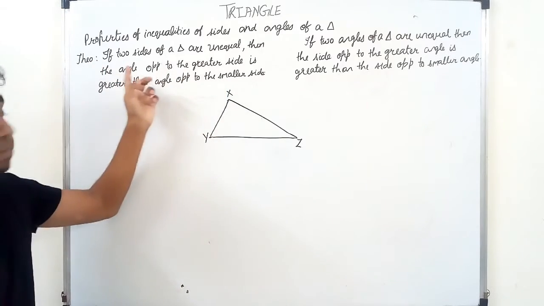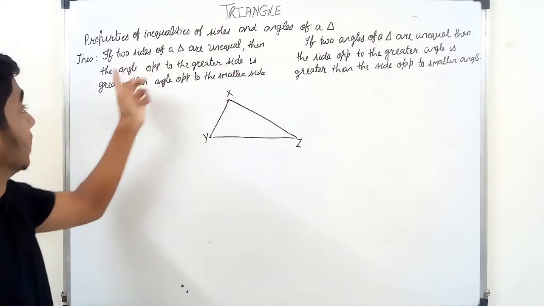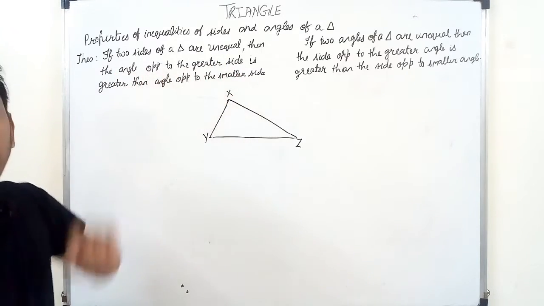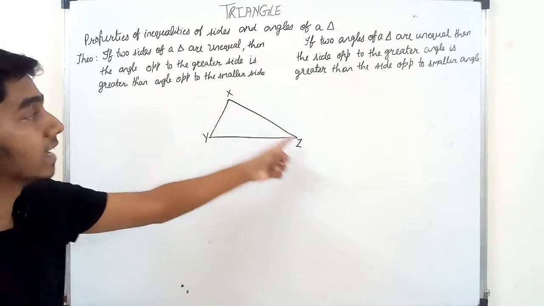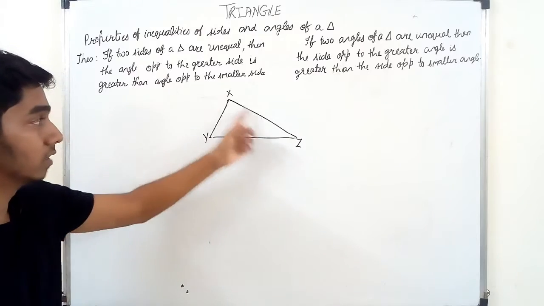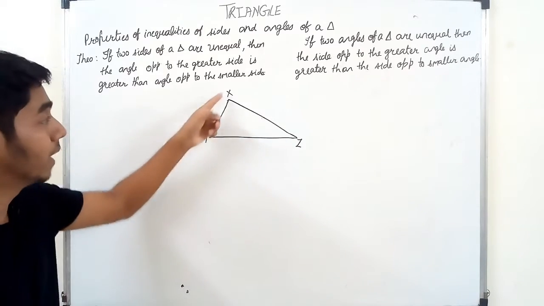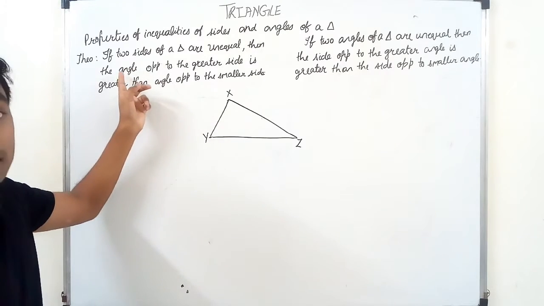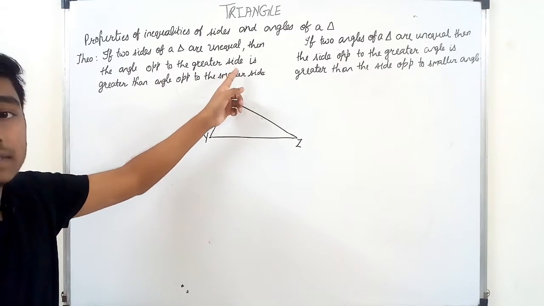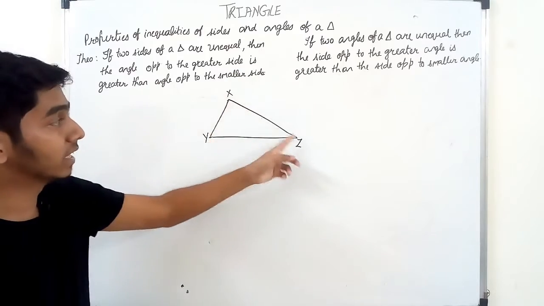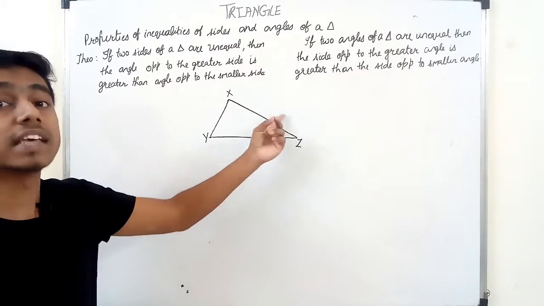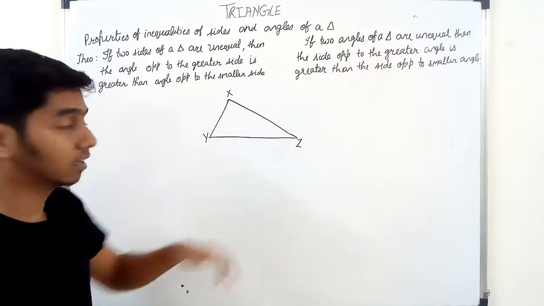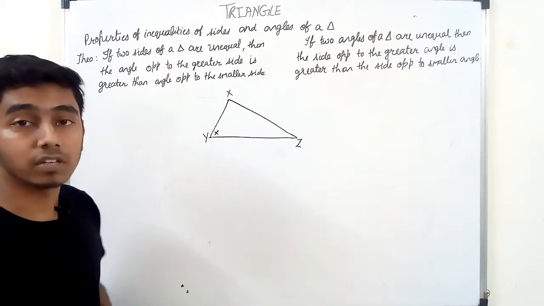Therefore, if they are unequal, then the angle opposite to the greater side. So let's say XZ, this side is greater compared to XY. So if we say that, then the angle opposite to the greater side, which one is the greater side? This. What is the angle opposite to this greater side? This angle, yes or no?